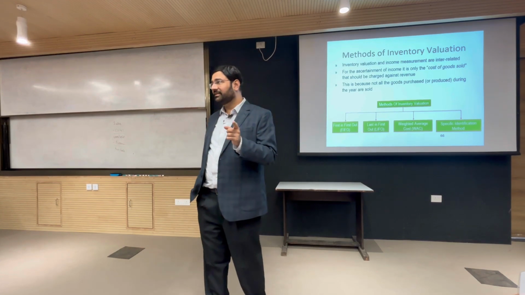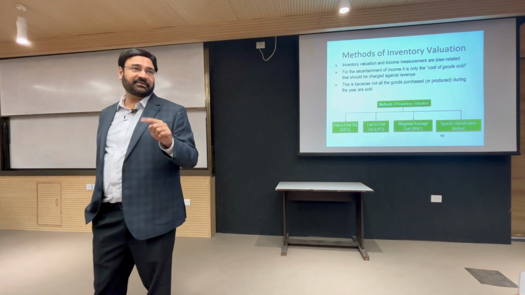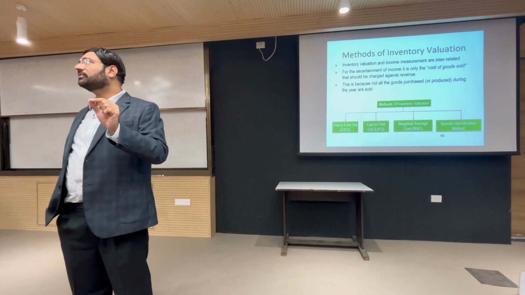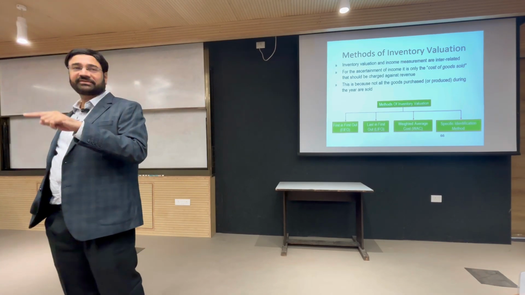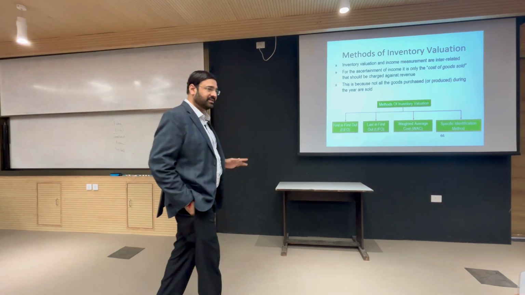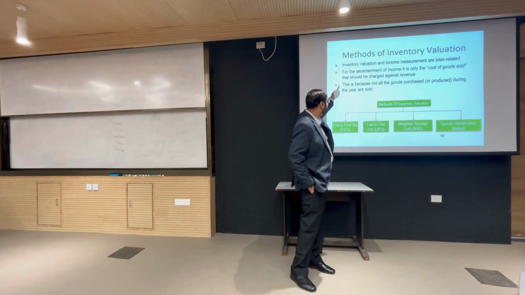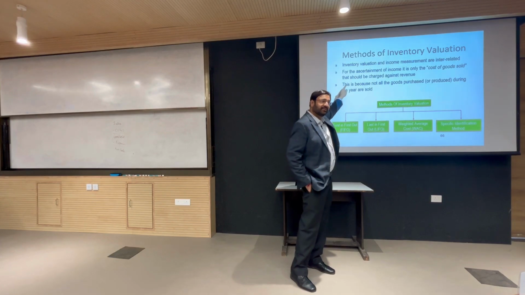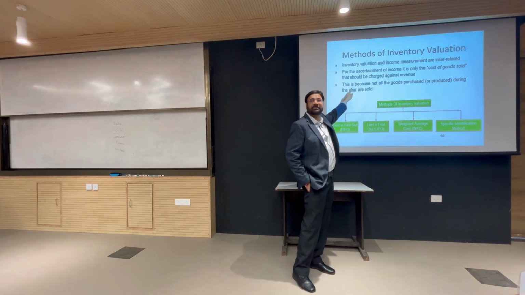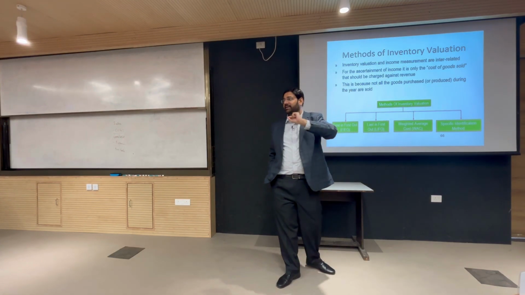All costs are matched against revenues, and only those costs that are relevant for the purpose of generating revenues will be considered. So, for the ascertainment of income, it is only the cost of goods sold that should be charged against revenue. That's the matching principle. You remember that? Matching. We do not have to include all the costs.